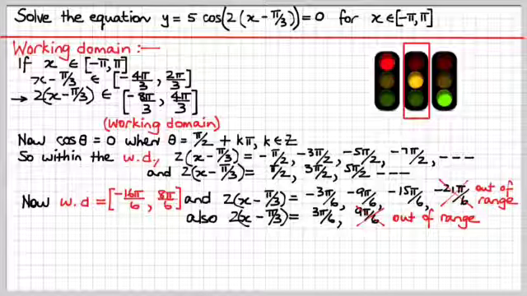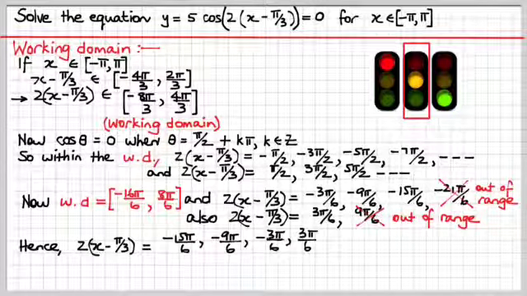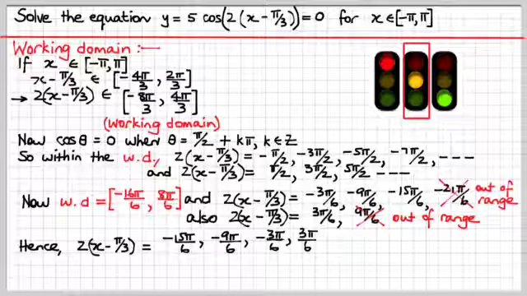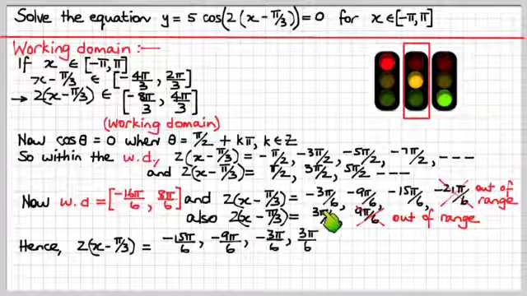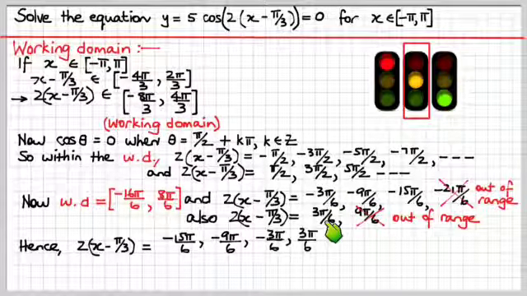Alright, so therefore I've got all my ducks in a row now. So I'm going to set them all out logically from the very least to the very highest as a little equation. So 2(x − π/3) could be, this is the least, that's the next one, that's the next one, and then going in the forwards direction, that one. And that's all, isn't it? Yes, because that one's out of range.